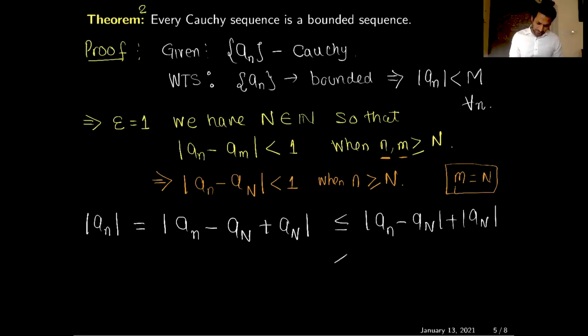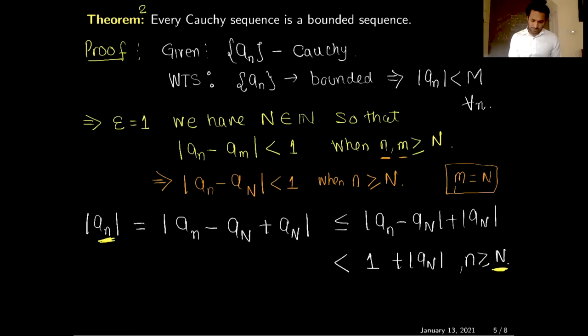And I know that a_n minus a_N is less than 1 when the little n is bigger than that capital N. So this shows that when little n is bigger than capital N, all the terms of the sequence are bounded.